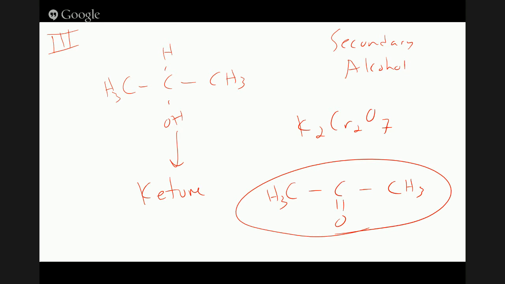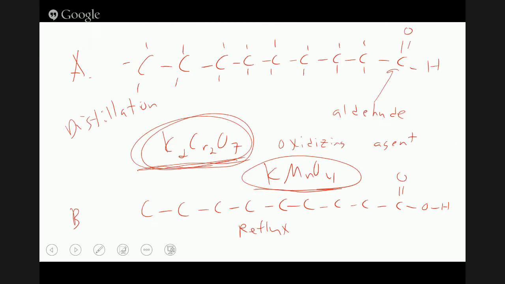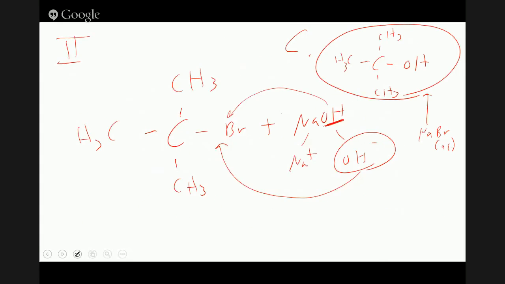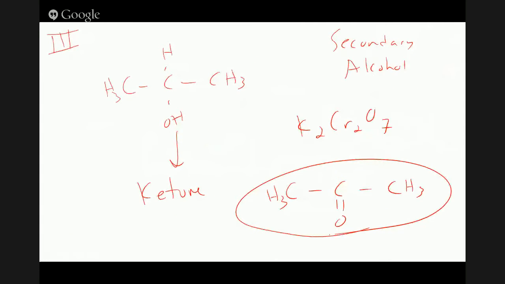So primary alcohols, I'm going to go back for a second. Primary alcohols can be oxidized into an aldehyde and then a carboxylic acid. Secondary alcohols can be oxidized into a ketone. Tertiary alcohols will not be oxidized.